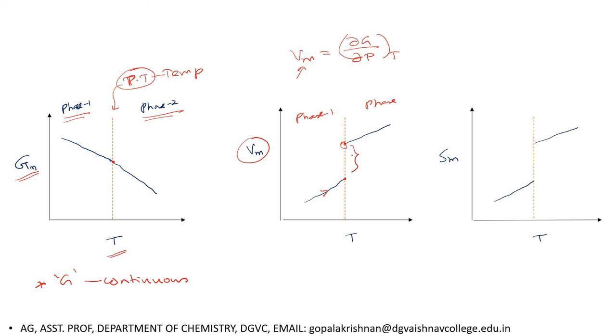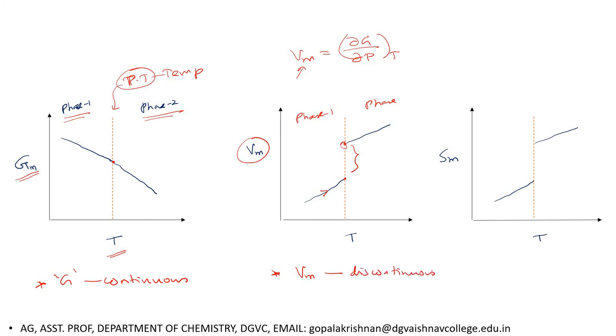So there is a discontinuity in the Vm versus T curve. This type of transition is what we call a first order phase transition. So in a first order phase transition, molar volume is a discontinuous function.